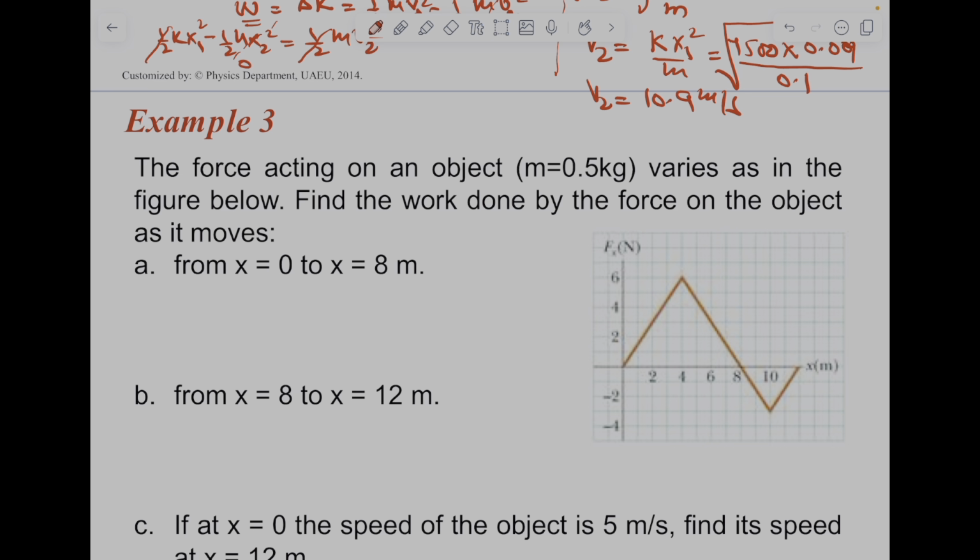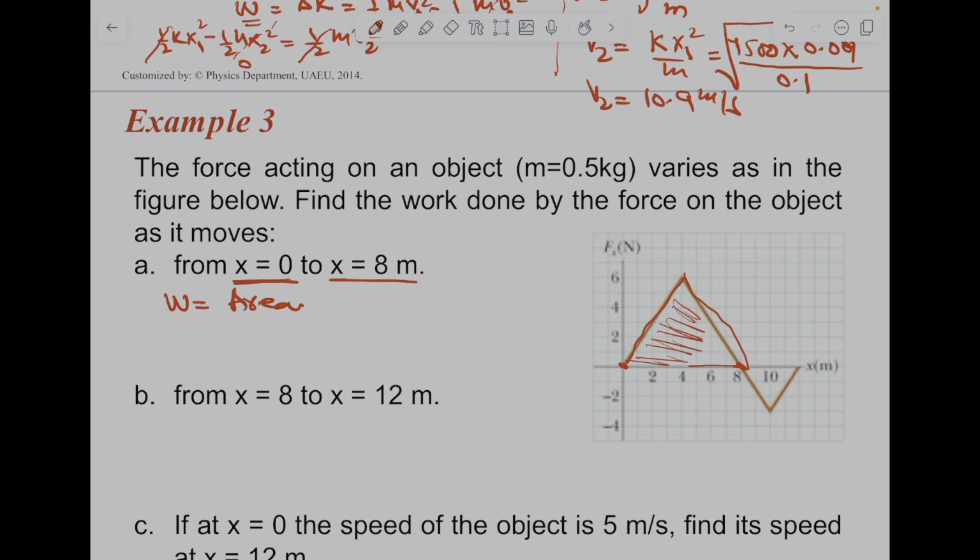Now in this problem you are given a graph: the force acting on the object varies as in the figure below. Find the work done by the force on the object as it moves from 0 to 8 meters. We said that work is nothing but the area. From 0 to 8, this is your area, so it is a triangle.